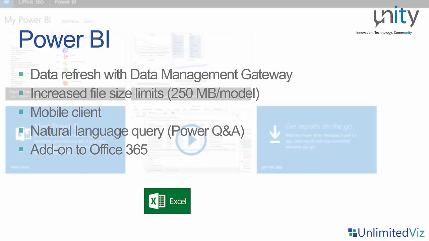Another big one is it increases the file size limit, or more specifically the model size limit, from 30 megabytes to 250 megabytes. Now that's still not big enough for industrial strength analyses. However, it's a significant bump from what was originally the 10 megabyte limit and is now the 30 megabyte limit. And I want to make the distinction here that it's the data model that can be 250 megabytes.